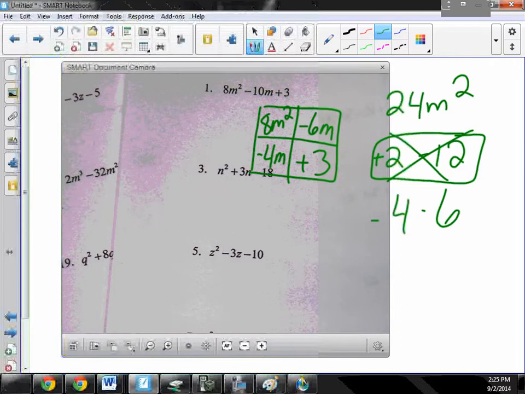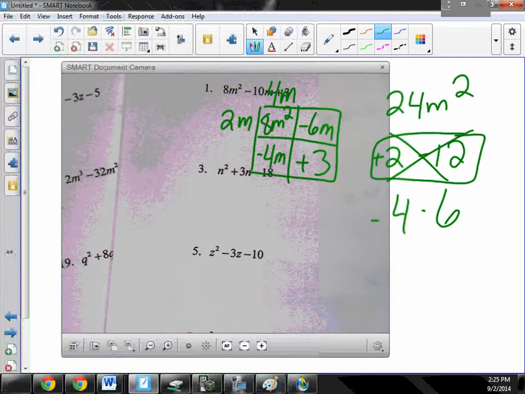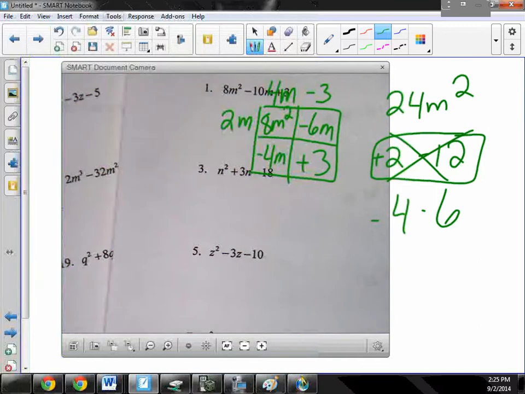What does the top row share? 2m. What is 8m squared divided by 2m? 4m. What is negative 6m divided by 2m? What is negative 4m divided by 4m?